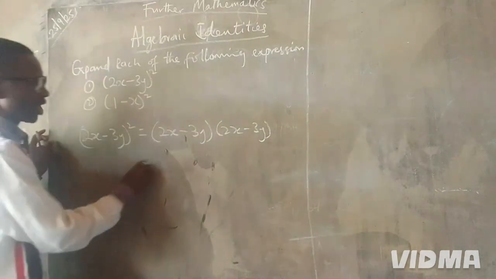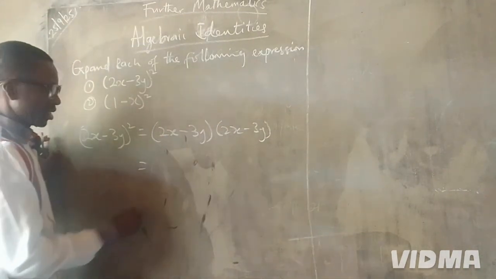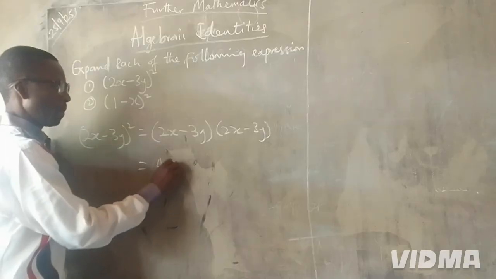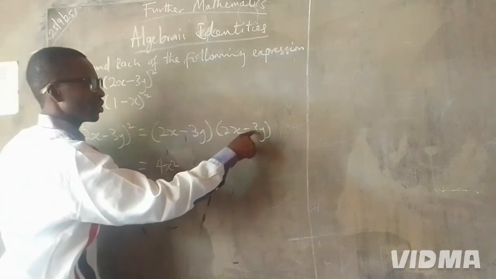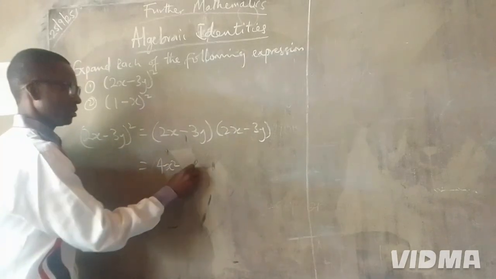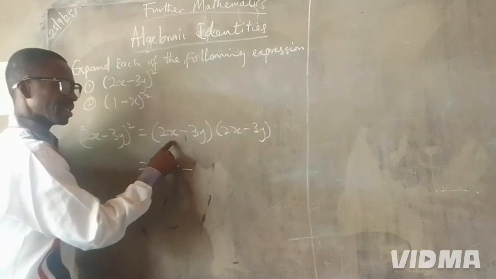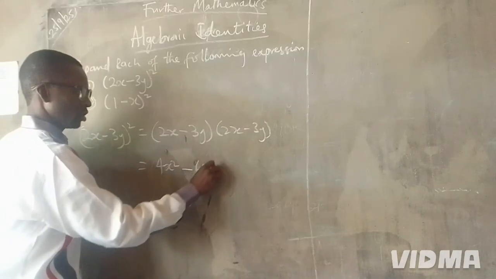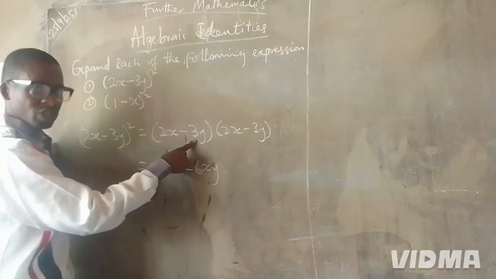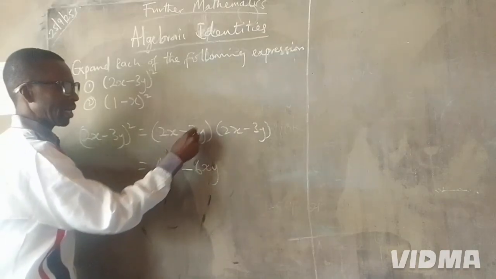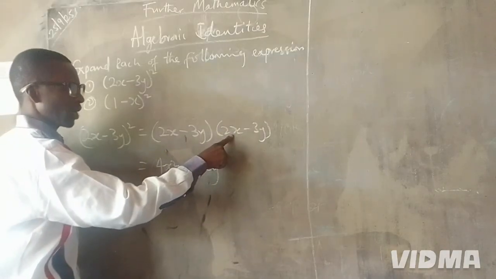So solving this, it will now be 2x multiplied by 2x. 2x multiplied by minus 3y. 2x. Good. Now we are done with this. We go to the next one. Minus 3y multiplied by 2x.